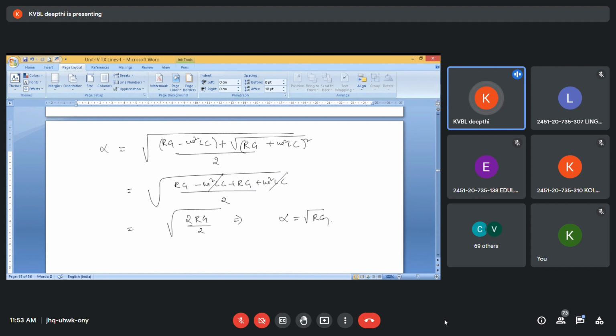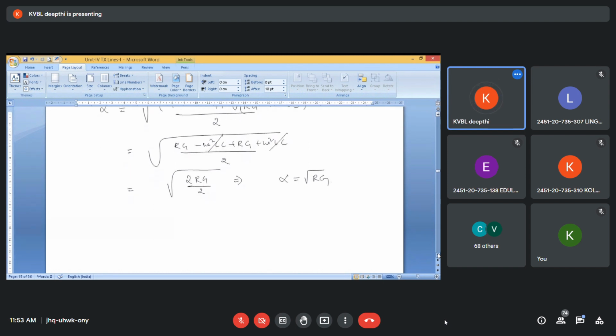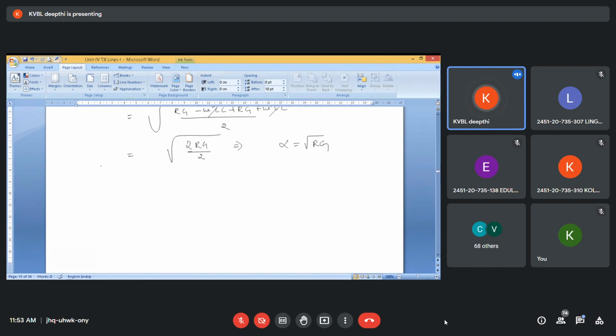After we have found this, now we will be talking about the characteristic impedance. So Z0 is equal to, the general formula, root of (R plus j omega L) by (G plus j omega C). Now we have to satisfy the distortionless line condition here. Writing it as L into (R by L plus j omega) by C into (G by C plus j omega).